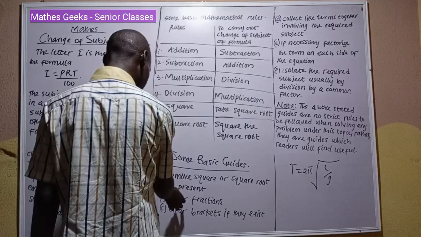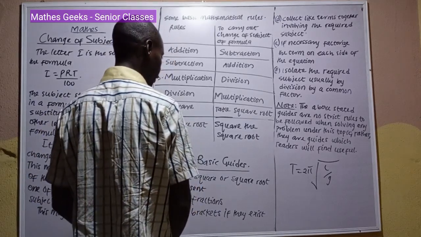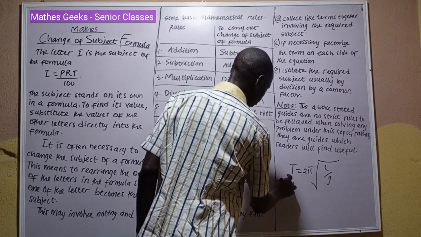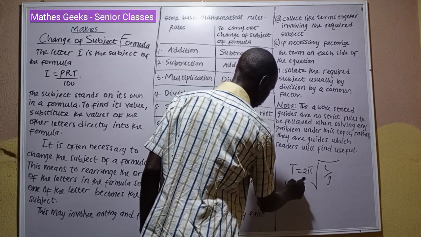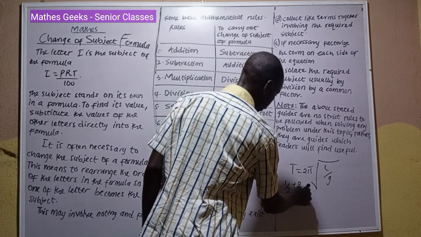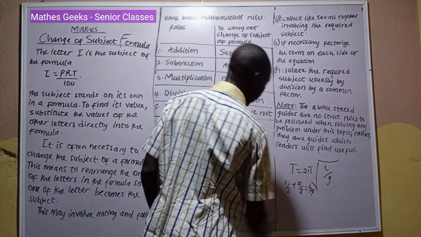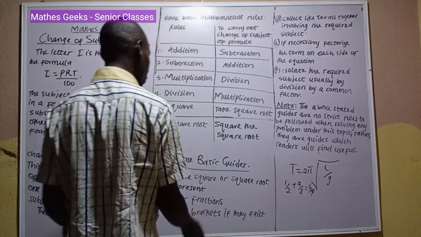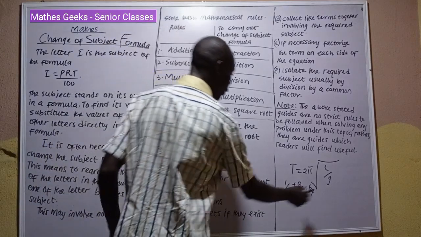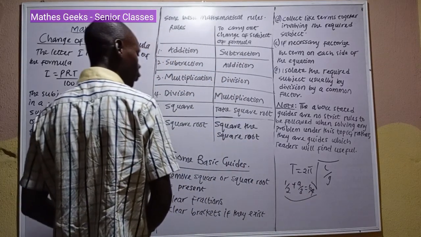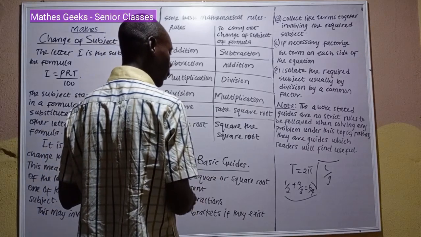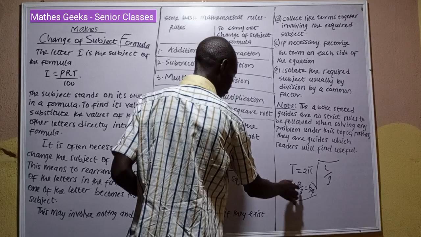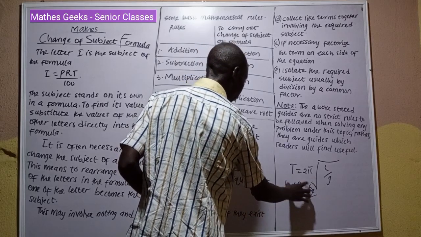Then clear fractions if present, like you have maybe 1 over 2 plus E over 2 and B over 4. In a case like that, where you want to make E the subject, you clear fractions. And how you clear fractions, you solve this as though you are solving addition of fractions, and in that case you look for the LCM of the denominators, and from there you get a simplified form of this fraction.